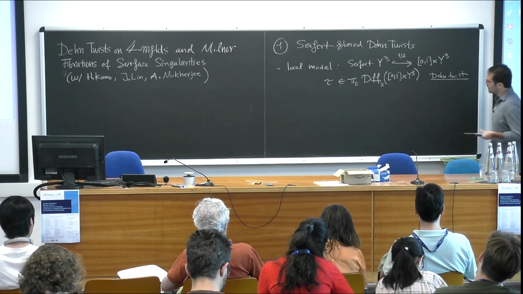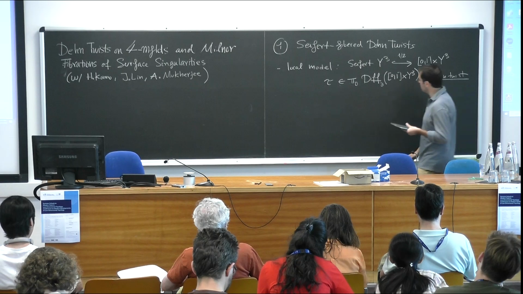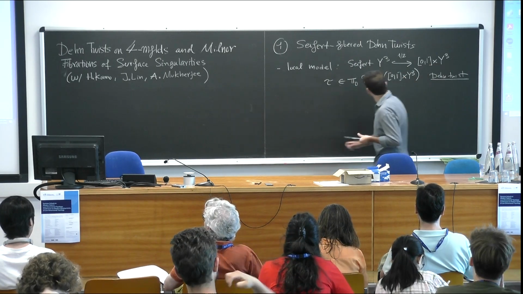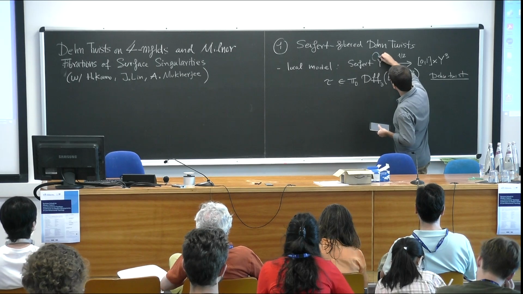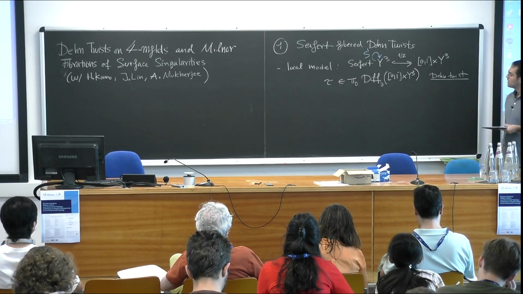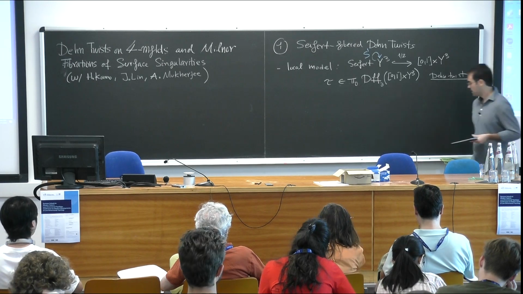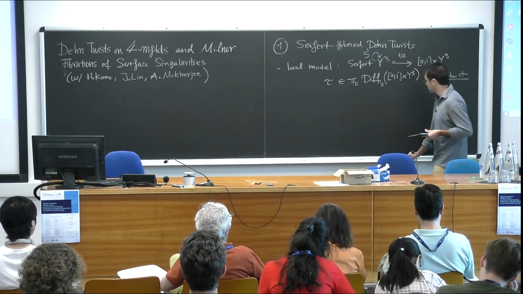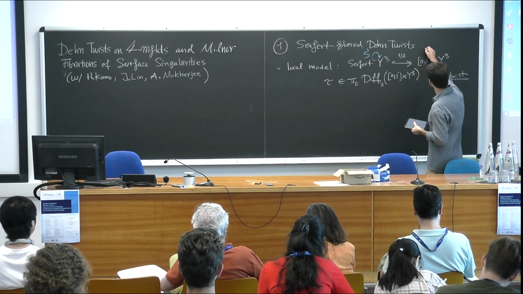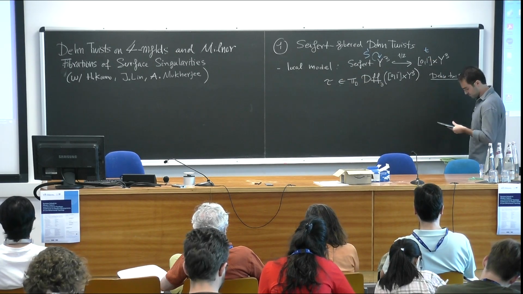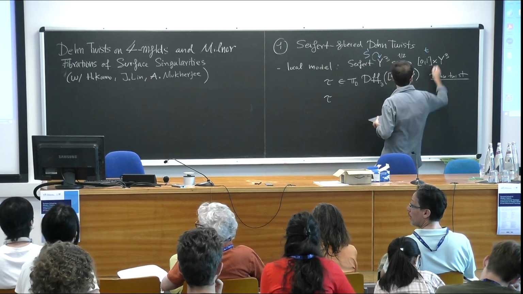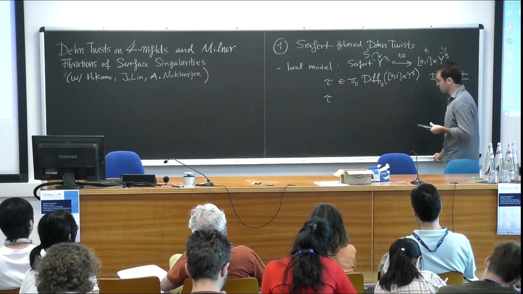And what's the construction of this Dehn twist? Well, a Seifert manifold is a 3-manifold that has an action of the circle which is fixed point free. So we're going to use this action to produce this Dehn twist. Let's call t the coordinate in the interval, and y a point on the 3-manifold.